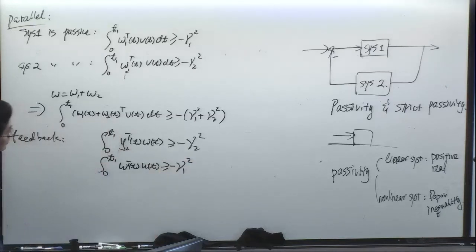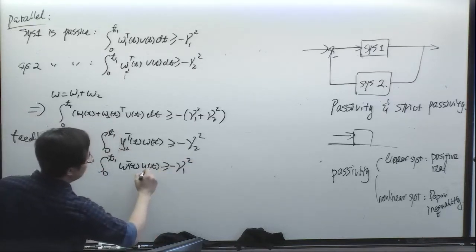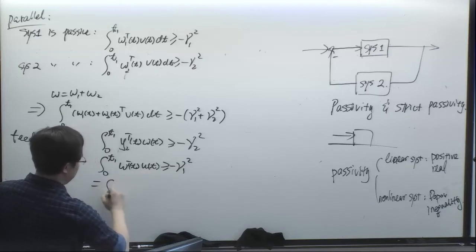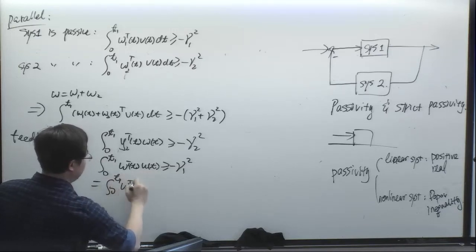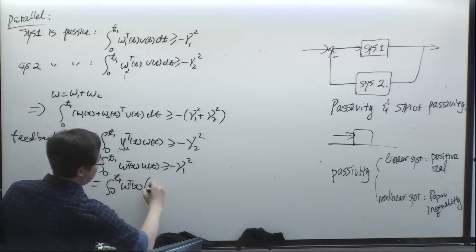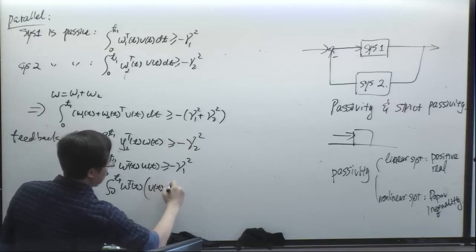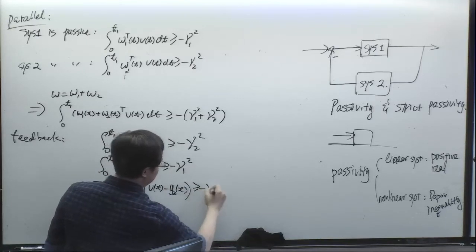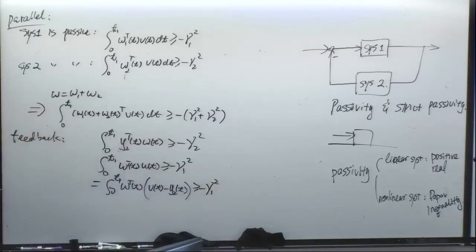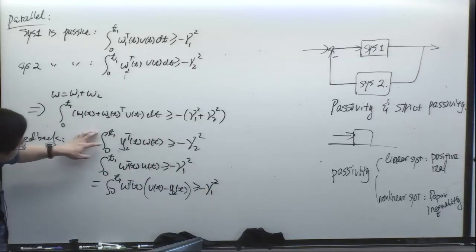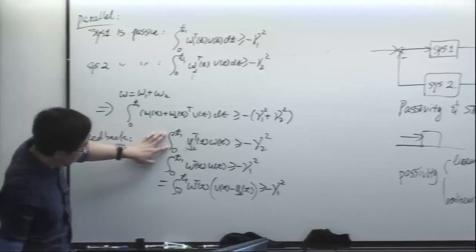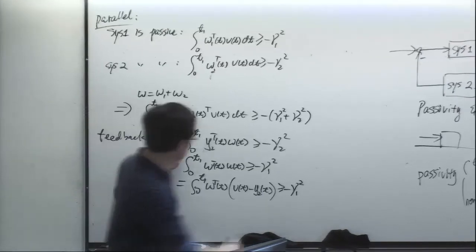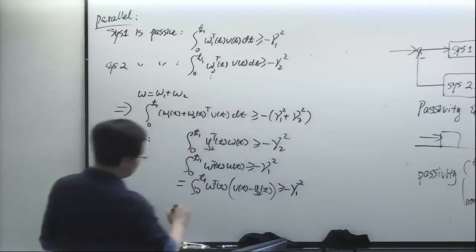But U is V minus Y2. And then we can pull out the integral of W transpose Y2, which we already know is bounded.